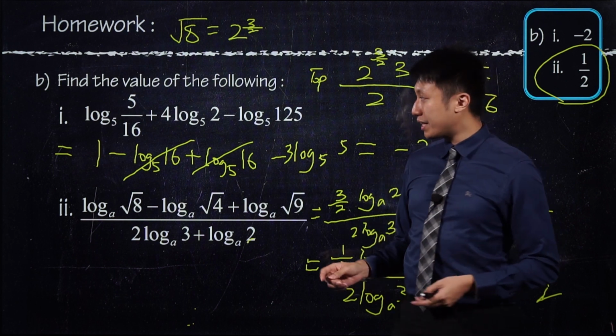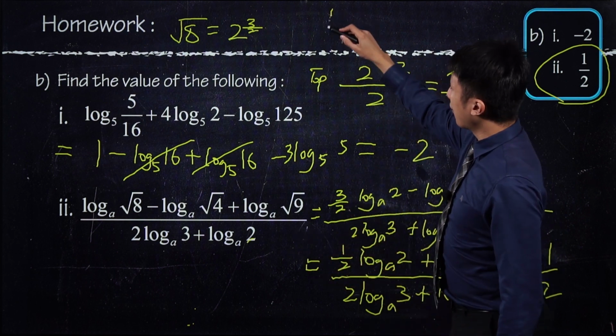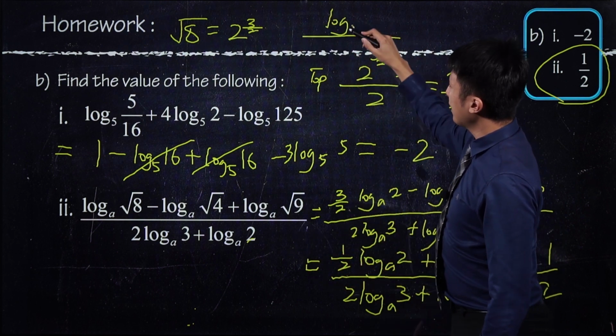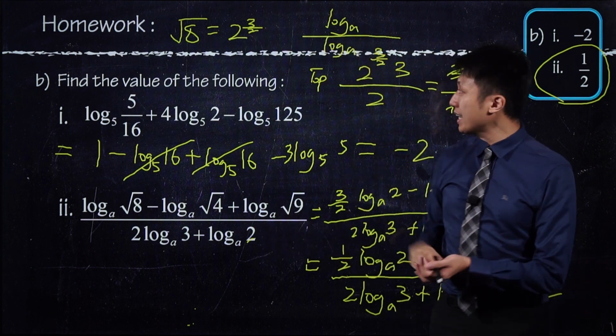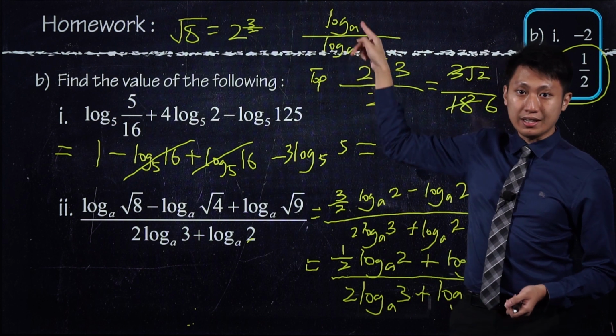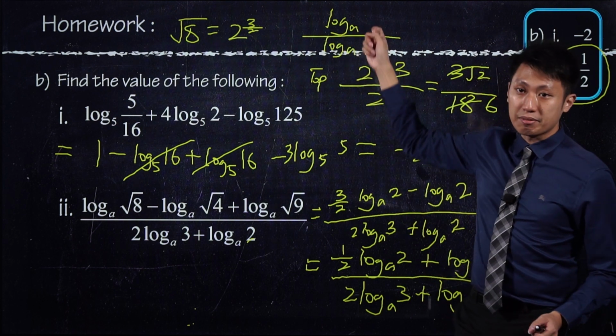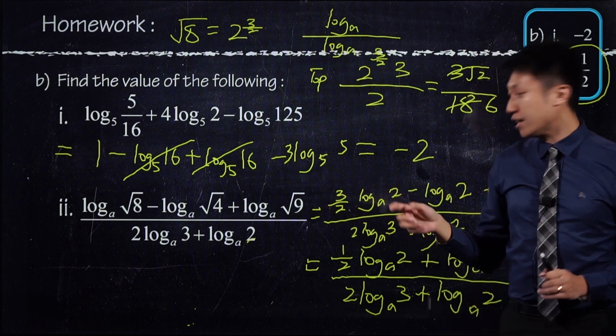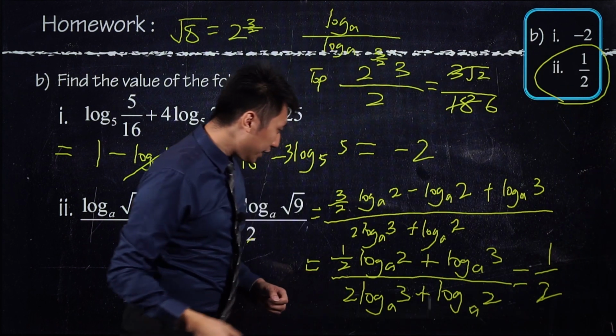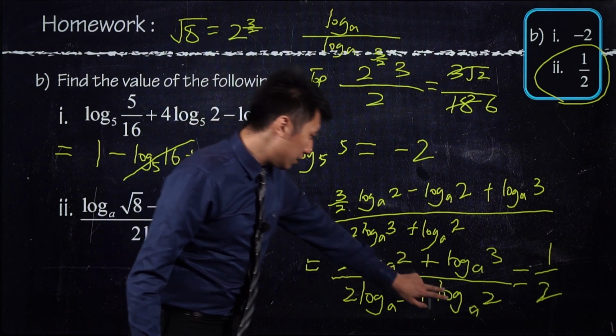But the problem is that if you get something like log divided by log, there's nothing much you can do unless there's something you can cancel off. In the exam, if eventually nothing can be cancelled off, then no choice, that's the answer. But for this question, you can see the pattern, log a 2, log a 2.